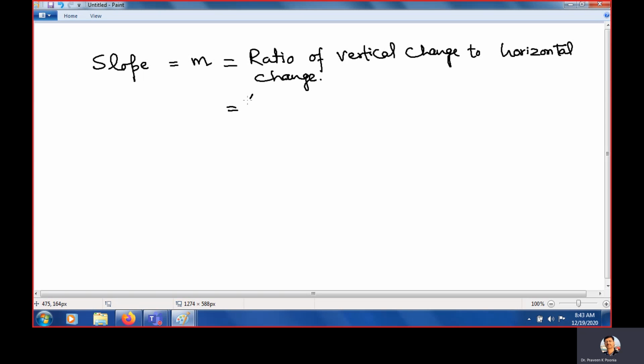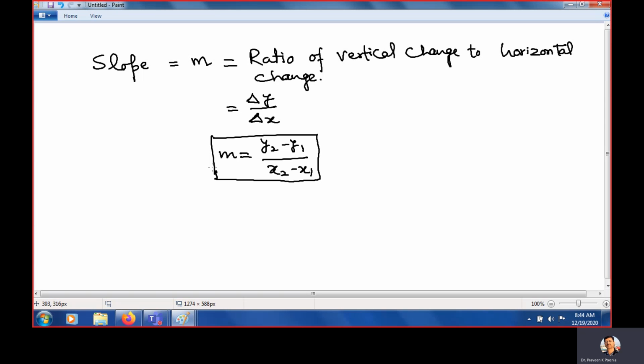What is vertical change? Delta y. What is horizontal change? Delta x. What is the value of delta y? y2 minus y1. What is the change in delta x? It is x2 minus x1. This is m. M means slope.